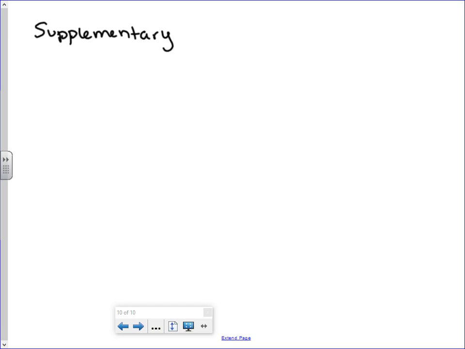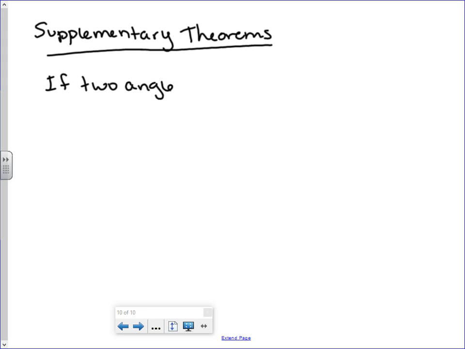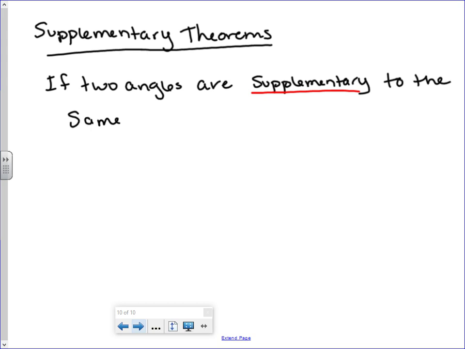Fill that word in. To the same angle, then they are congruent. And you're filling in congruent. So while you're filling that in, I'm going to write up example 1.